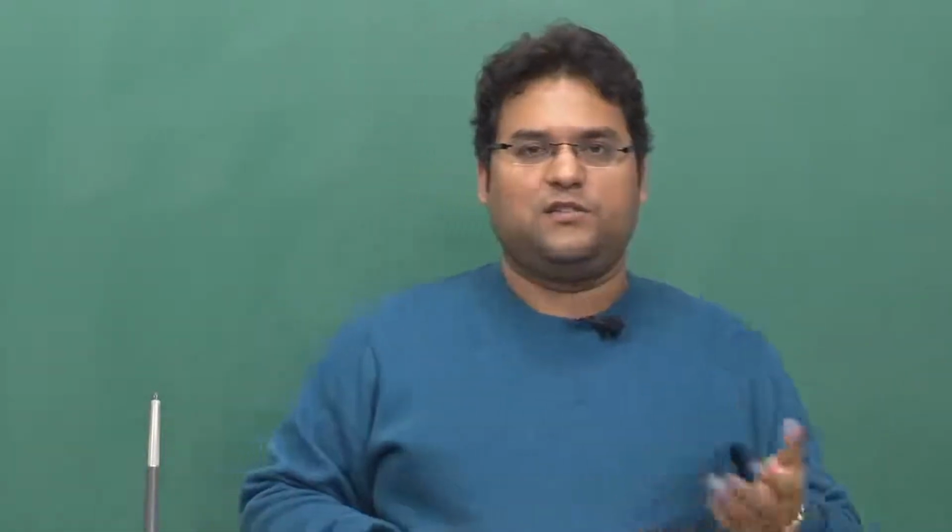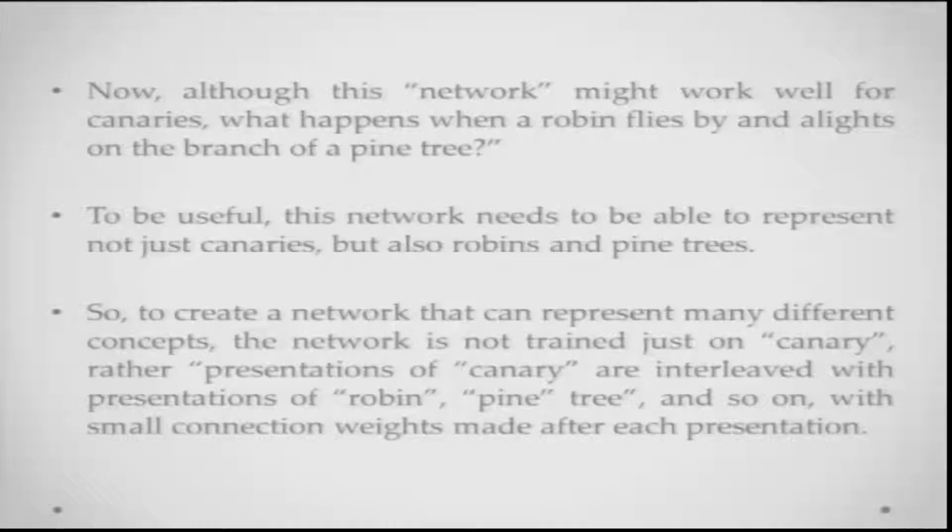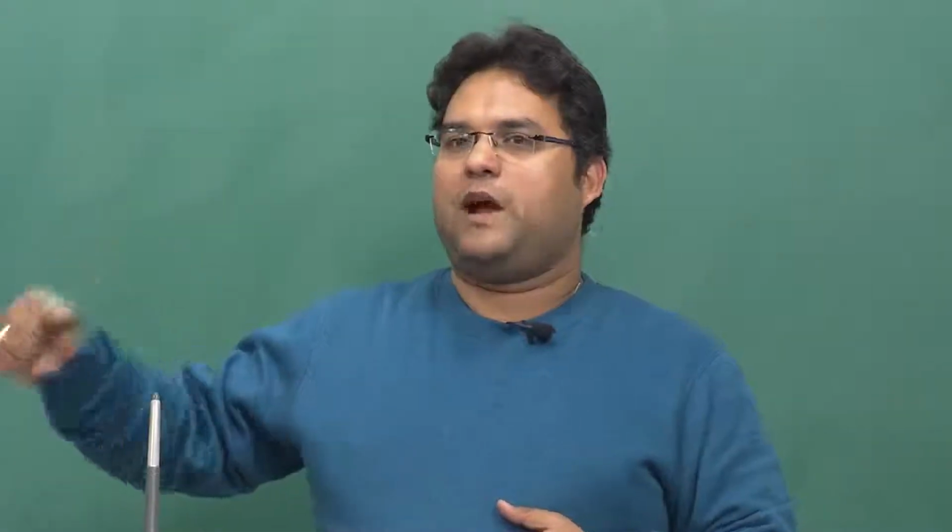If you want to teach the concept of canary, the presentations of canary are interleaved with other related and sometimes unrelated concepts. Canary will also be presented with robin and sparrow and parrot and maybe pine trees and other kinds of trees.